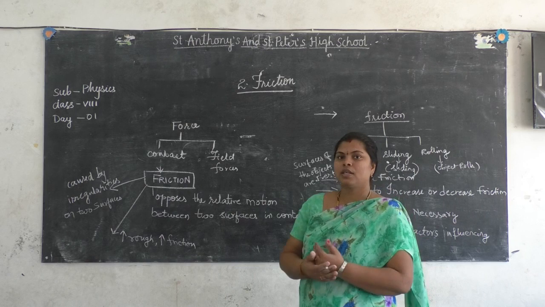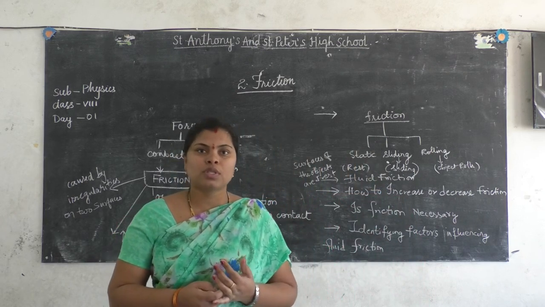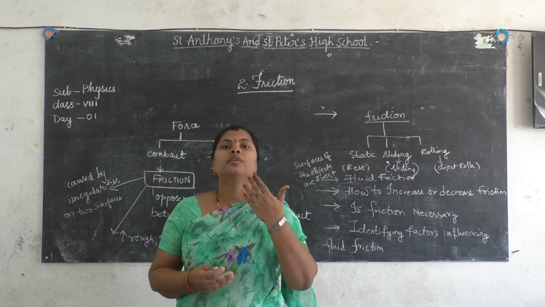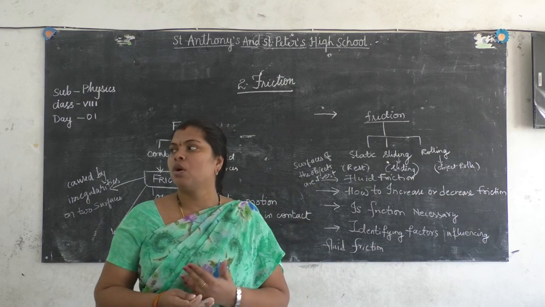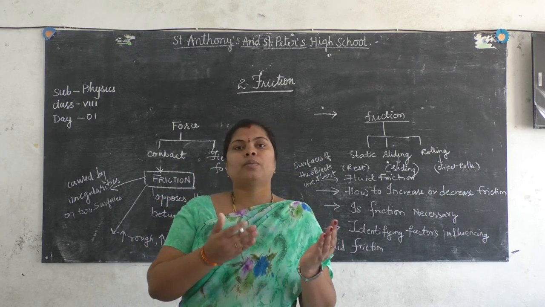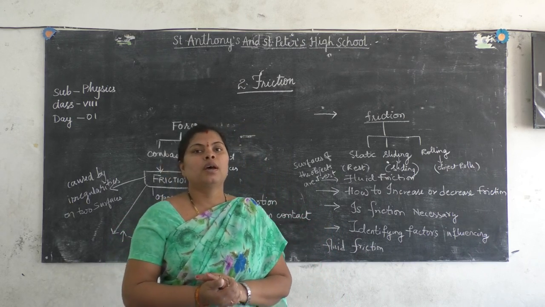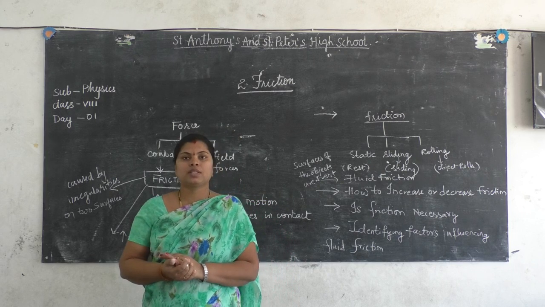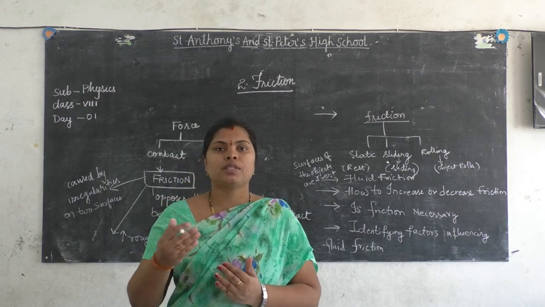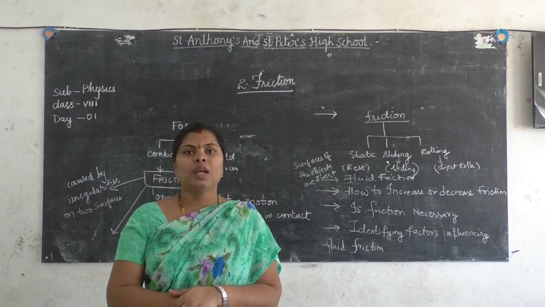See, in the last unit, we have studied about force and how force acts on a body, how the force affects the motion or state of rest of an object, or how the force brings the body to rest or into motion. And also we have discussed the types of forces, contact forces and various field forces, in our unit 1.